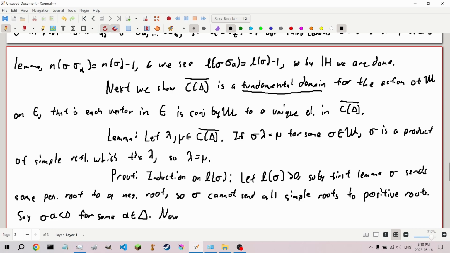Now we have that the form of mu and sigma alpha has to be negative. It also has to be equal to the form of the inverse of sigma on mu with alpha, which is equal to the form of lambda on alpha by assumption, which is positive as lambda and mu are in the closure of the Weyl chamber of the base.